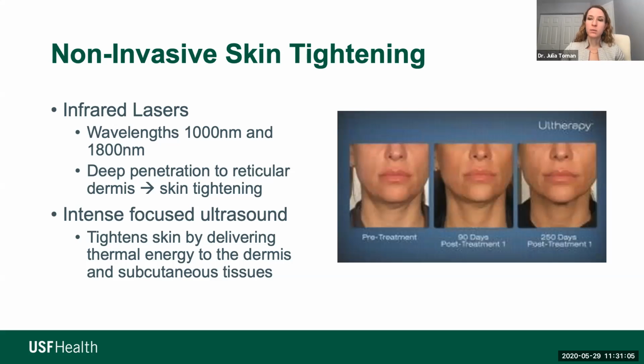The underlying principle in all of these is targeting the collagen in the deeper layers of the skin with some heating mechanism in order to get them to tighten and result in changes in the overlying skin structures to improve, subtly sometimes, contour.